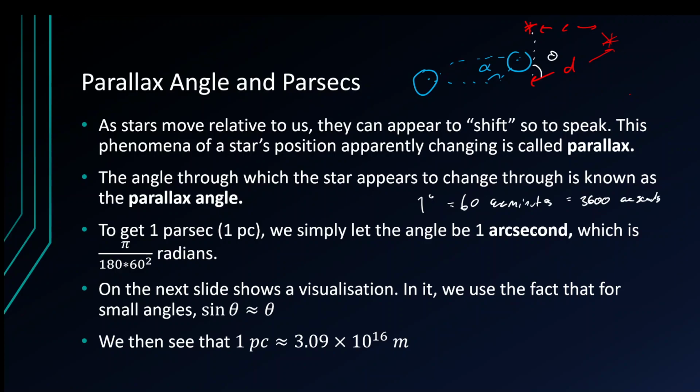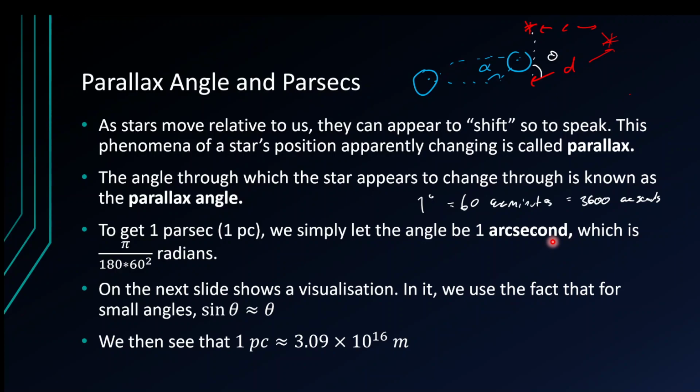You might have seen this before if you've looked at how the imperial units are derived. I think a nautical mile is sort of the relative distance on 1 arcsecond around the Earth. It's something like that.